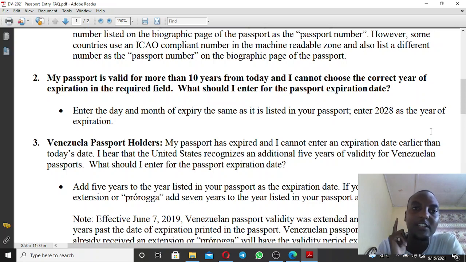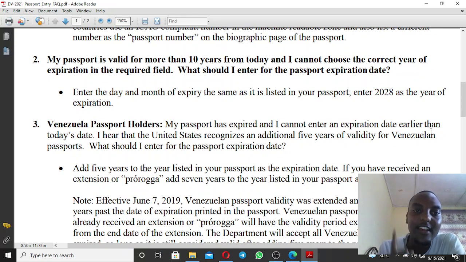Question number 2. My passport is valid for more than 10 years from today, and I cannot choose the correct year of expiration in the required field. What should I enter for the passport expiration date? And the answer is, enter the day and month of expiration the same as it is listed in your passport.